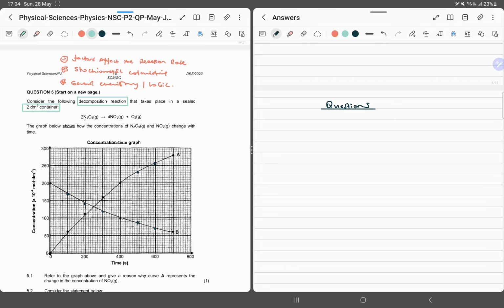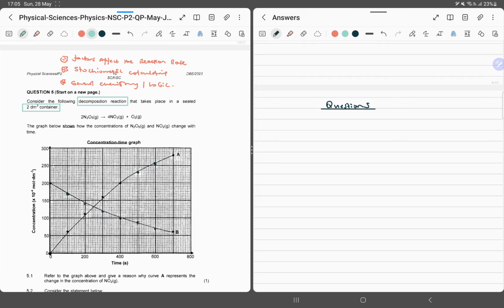Now we're given here 2 molecules of dinitrogen pentoxide, which decomposes into 4 molecules of nitrogen dioxide gas, which is brown, and oxygen, which is colorless. I believe that one is colorless as well because of too much oxygen in there. Anyway, I don't know. Whatever. The graph below shows how the concentrations of dinitrogen pentoxide gas and nitrogen dioxide gas change with time.